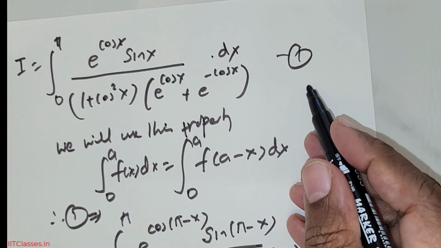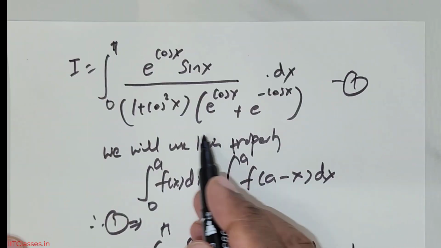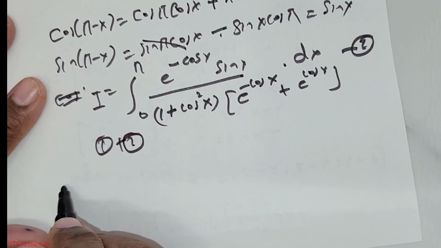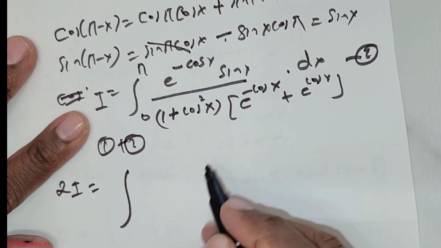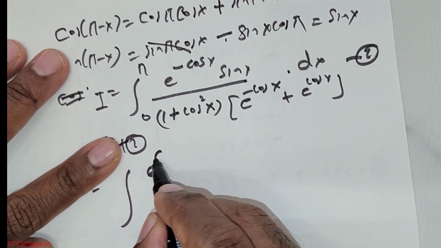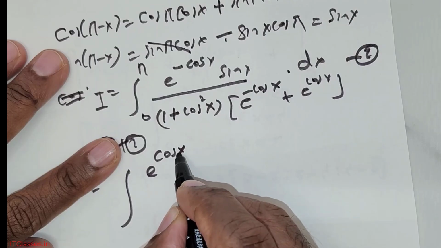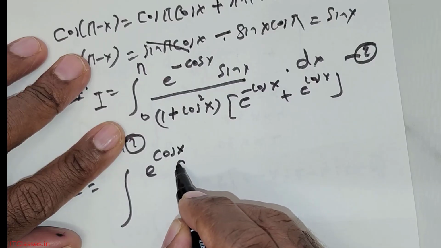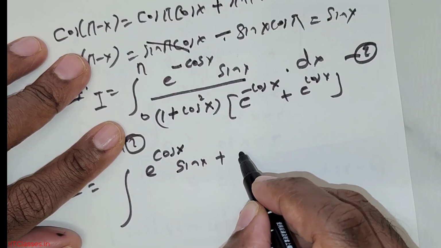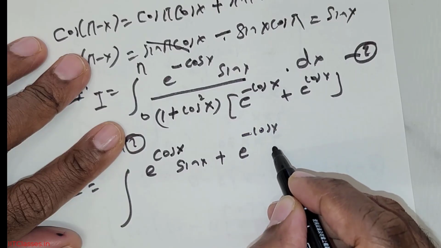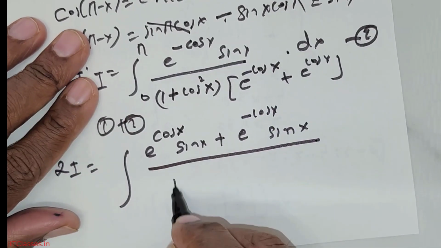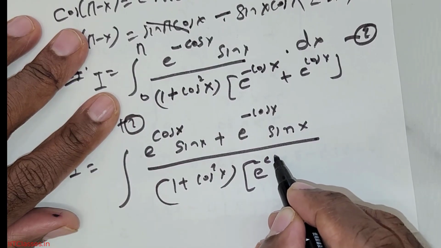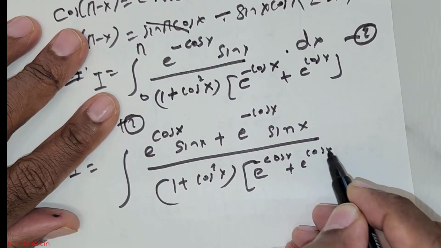So what do you see here? From 2 and 1, the denominators are one and the same. You see that denominator? So adding 1 with 2, you get 2I equals the integral, where the numerator is going to be e^(cos x) times sin x + e^(-cos x) times sin x, divided by (1 + cos²x) times (e^(-cos x) + e^(cos x)).